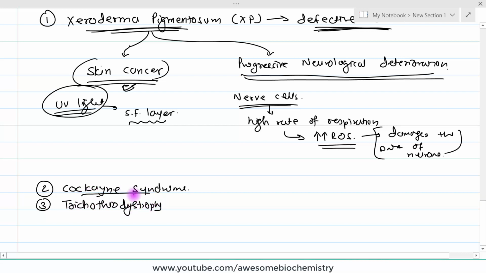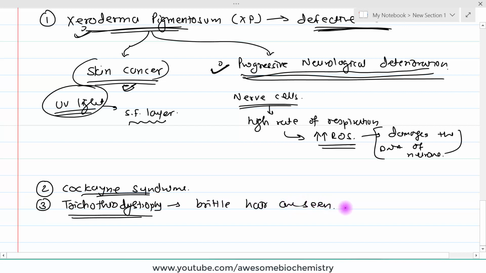Cockayne syndrome is much more similar to xeroderma pigmentosum, but in Cockayne syndrome the progressive neurological deterioration is more marked rather than skin cancer. And in the case of trichothiodystrophy, brittle hairs are seen. So this is all about nucleotide excision repair and various diseases which occur because of defective NER.